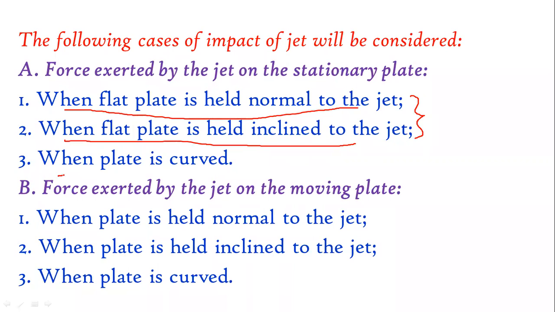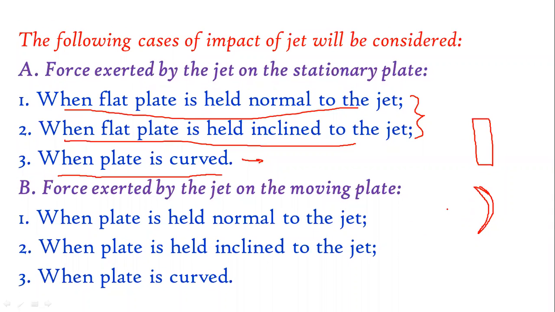Now, in tomorrow's lecture, we are going to deal with when the plate is curved, not when the plate is flat, because the maximum number of plates of turbines, almost all the turbines, have plates which are curved. In this curved plate example, we are going to see three types.